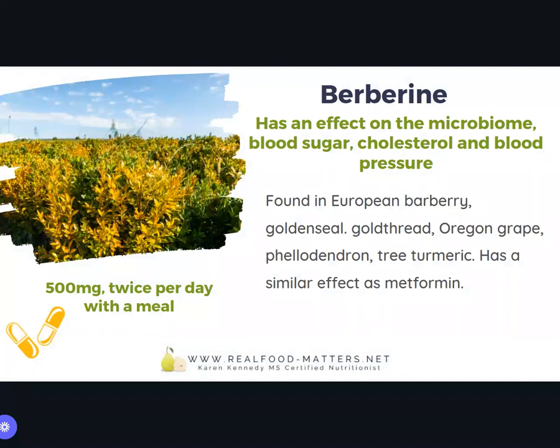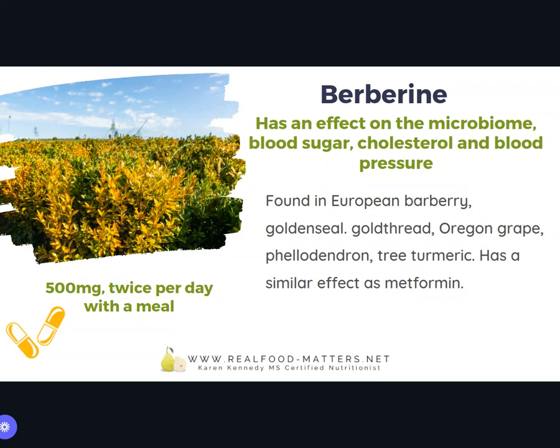Berberine, you might have heard about this one. It actually impacts a lot of different things on your health that can be beneficial to you. But berberine can be as beneficial to leveling out your blood sugar as the drug metformin, which is a very popular anti-diabetes drug. So berberine has an impact on microbiome, blood sugar, cholesterol, and blood pressure.